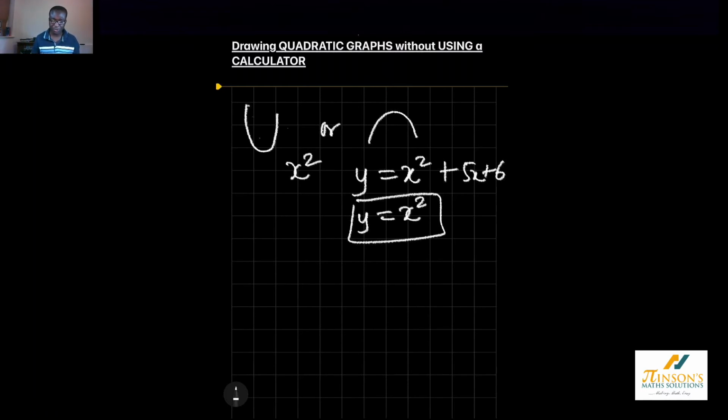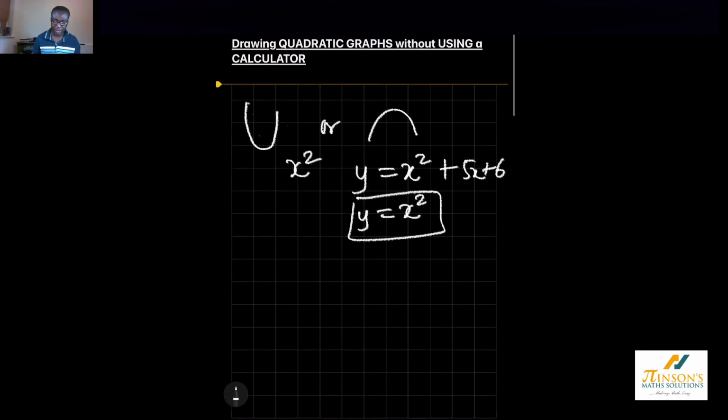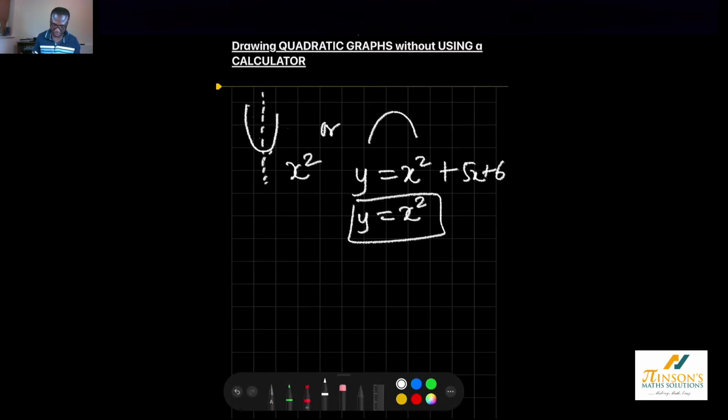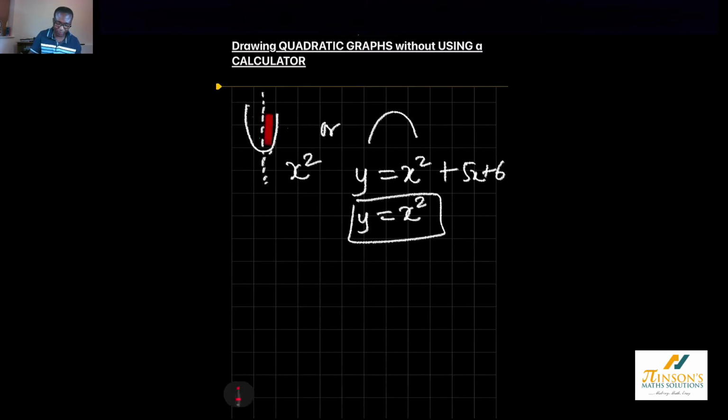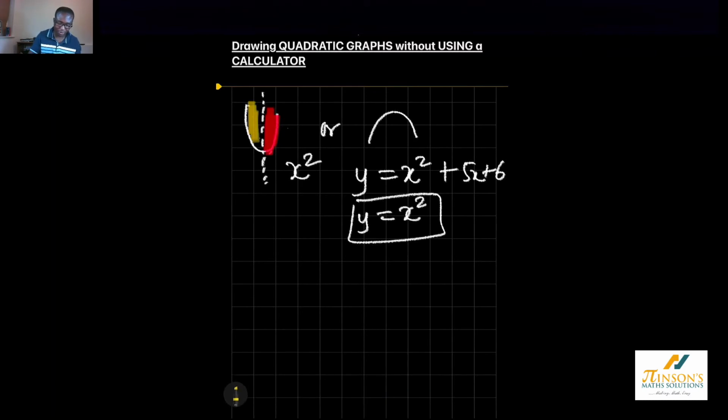All right, so our first example is y equals x squared. Now as you can see from the smiley face or the sad face, these sorts of graphs are symmetrical. What that means is that what is on this side of my symmetry is actually the same as what is on the other side of my symmetry.